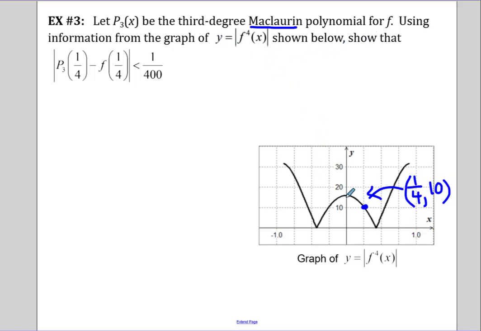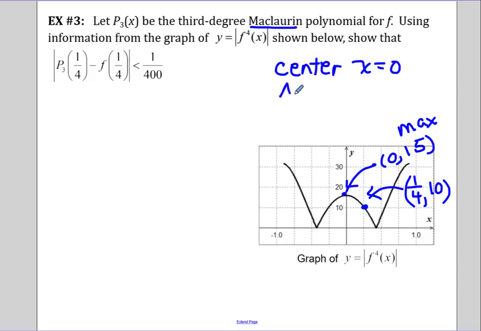So the reasonable estimate would be the maximum here at our center, and we're going to call 15 our maximum because no interval's given and no maximum is given, and we want to use the graph of the f fourth of x, where the center is at 0. Our maximum would be 15, and that's what our vocabulary is calling a reasonable value. It's a reasonable value because it's greater than the derivative value of 10.